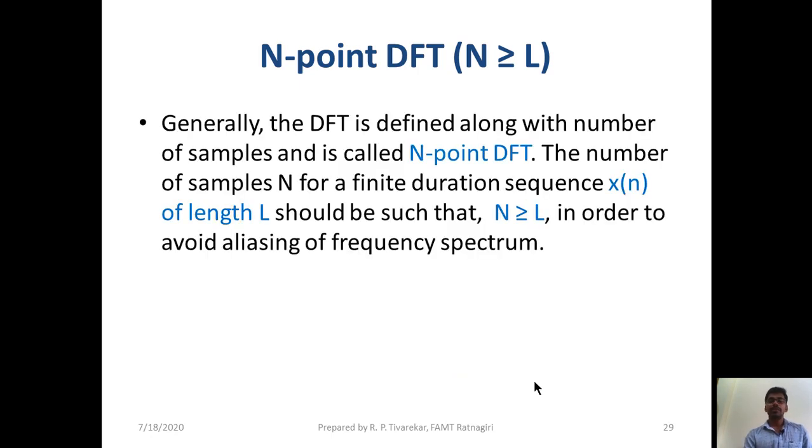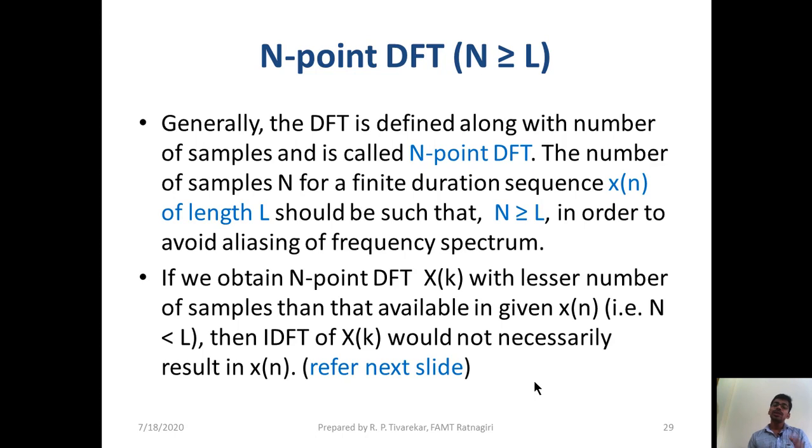So the N-point DFT is computed from a sequence x of n with length L in such a way that capital N should be greater than or equal to L. What I mean to say is the larger point DFT can be computed for a smaller length sequence, but the reverse is not true. Why? Because if we compute capital N point DFT where N is less than L, then the IDFT may not result in the similar sequence back again.